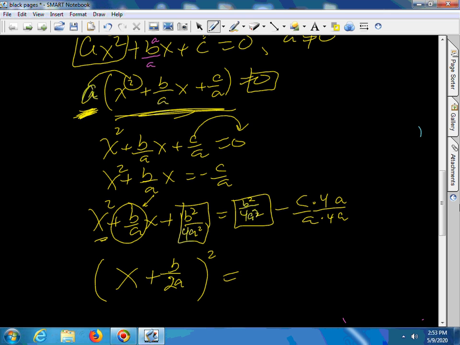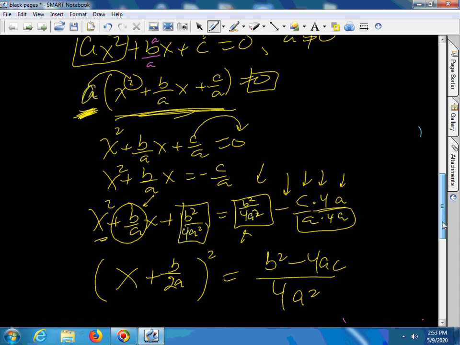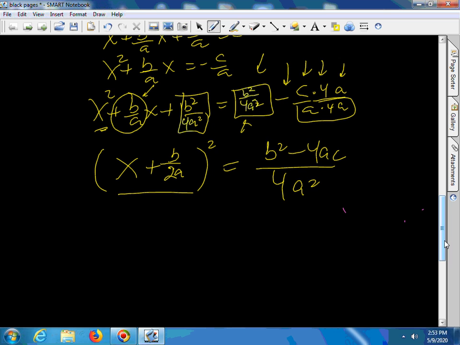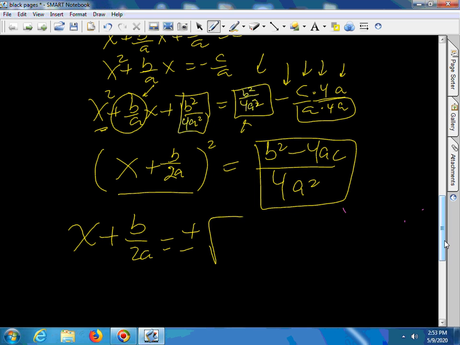That way, the bottom is 4a squared, the same as that bottom. So I have 4a squared in the bottom. I have b squared minus 4 times a times c, 4ac. And if this squared equals this, then this must be plus or minus the square root of the other side.